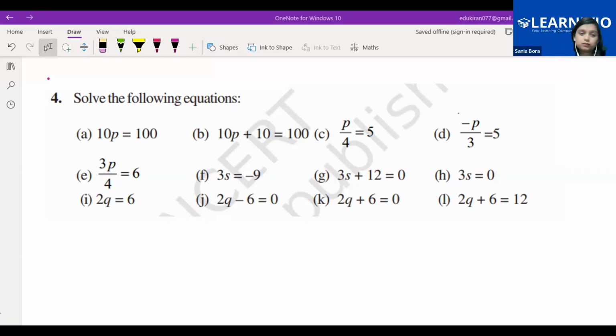Then I, A is equal to 3. J is also 3. And the L is also negative 3. Yeah, negative 3. K is negative 3. Yes, ma'am. Okay. Good.